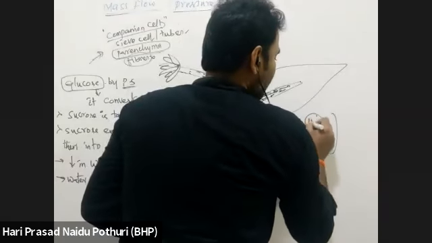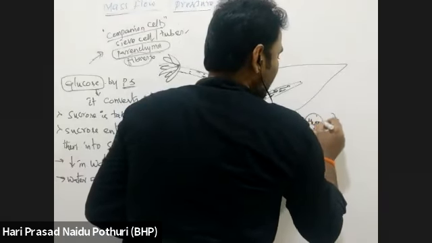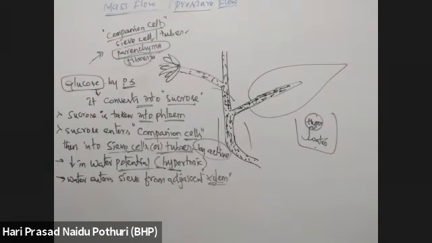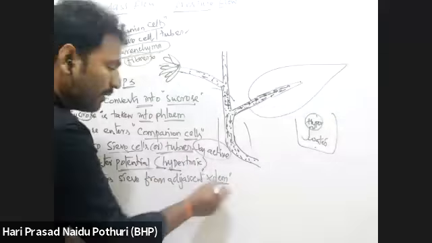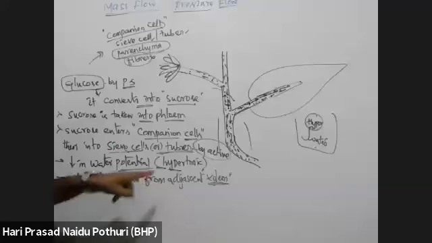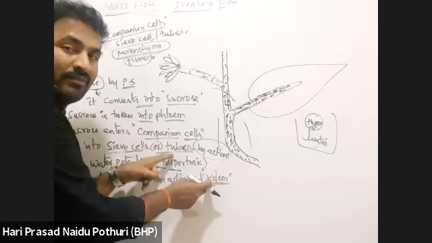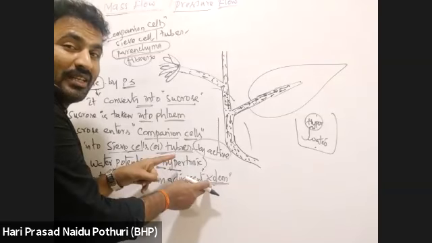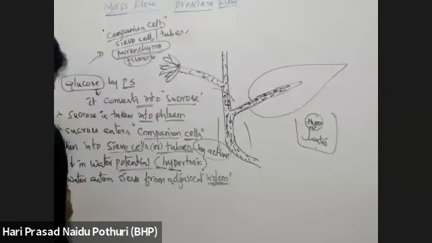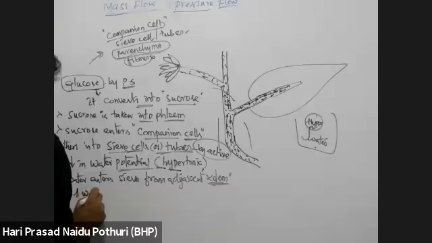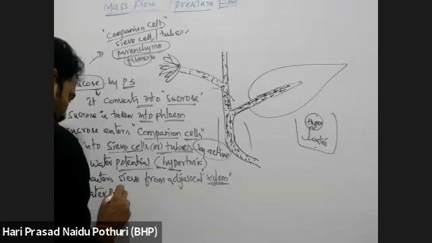But here, the phloem is hypertonic and the xylem has more water. So from more water to the hypertonic medium, there is entry. The cell gains water; it will take up water from the adjacent xylem. As cells take water from the adjacent xylem, water potential increases.